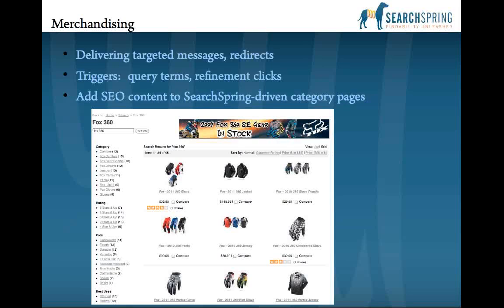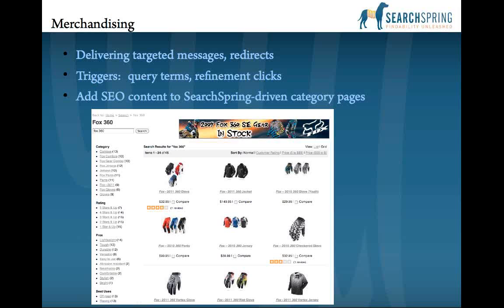Merchandising is a very powerful way to affect the relevancy of your search results, as well as bring up a lot of special functionality such as promotional banners. So in this case, someone has searched on a brand name, and what it's been told previously is to bring up a promotional banner and place it right there at the top of the search results.